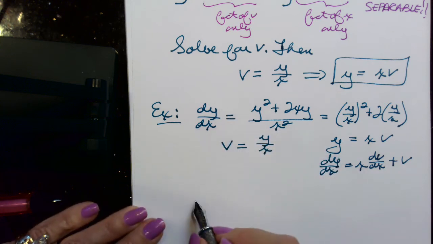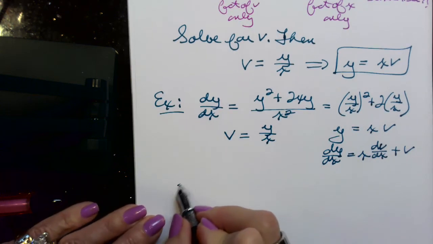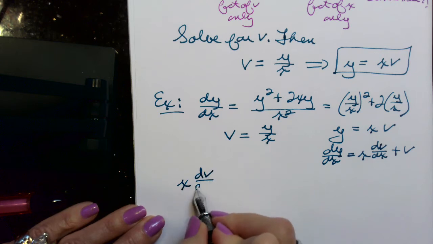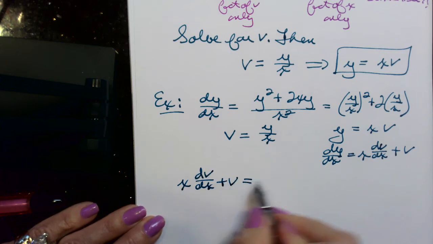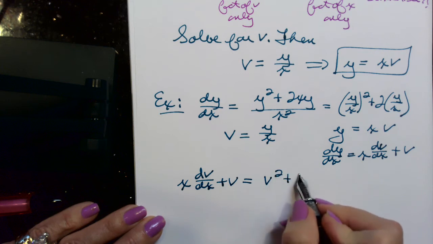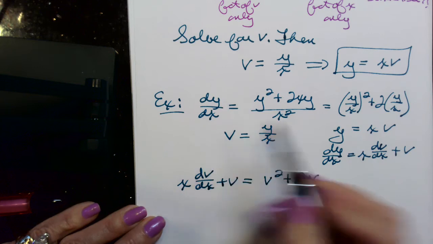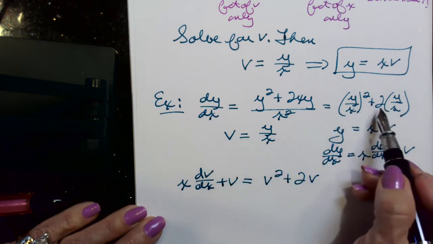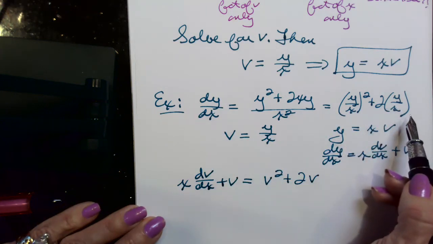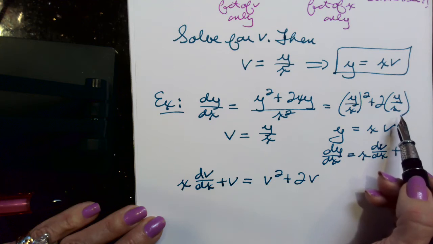Now we plug into the equation we're given. So that says x dv/dx plus v is equal to v squared plus 2v. Here's my x dv/dx, and here's the v squared plus 2v. Now we try our best to solve it.